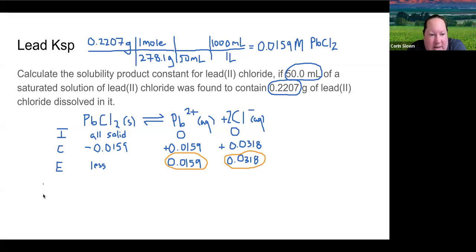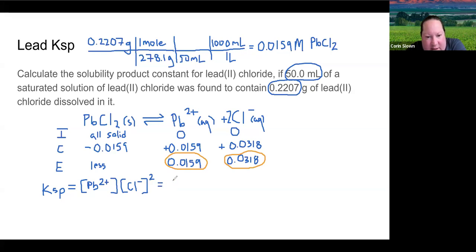So my Ksp expression, based on the solubility of my ions, is going to be [Pb2+][Cl-] squared.